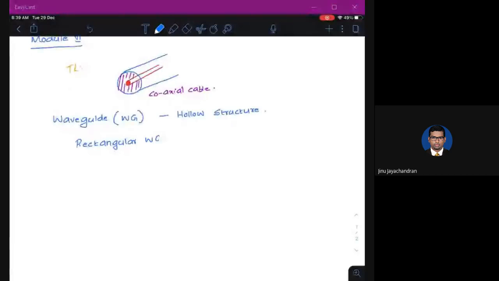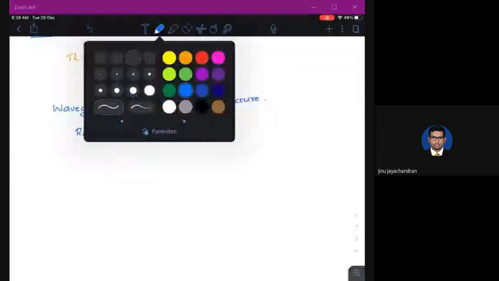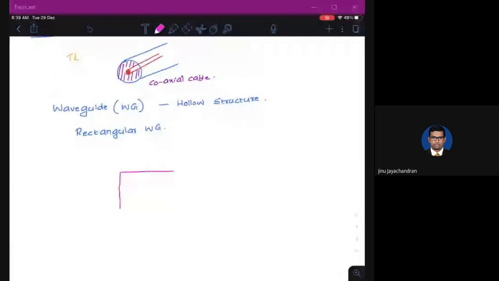Okay, so for a rectangular waveguide, you will have a rectangle, okay, and then something like this. You can imagine it as a rectangular pipe, a hollow pipe, and the wave will propagate inside this rectangular waveguide in some direction.